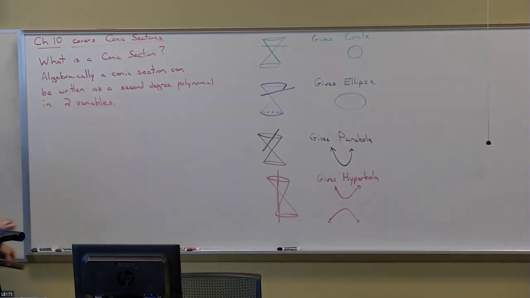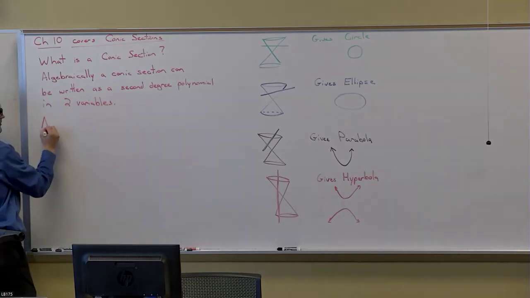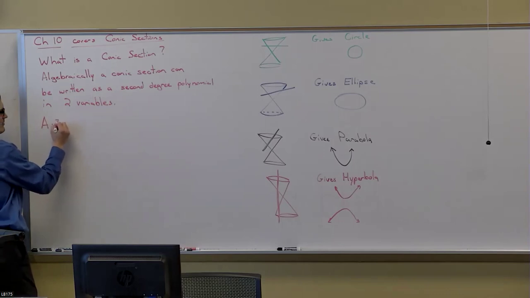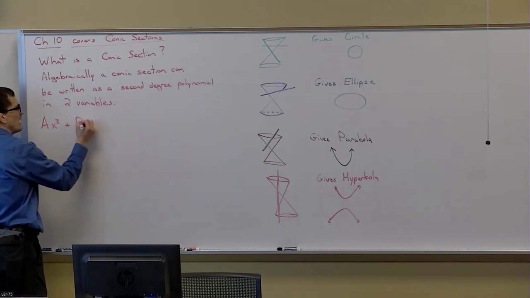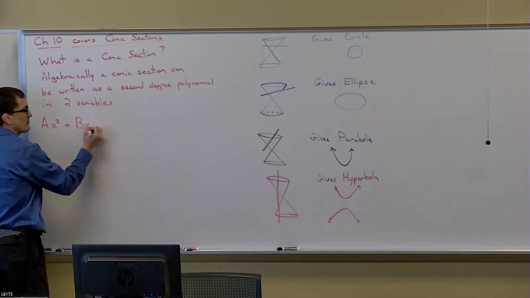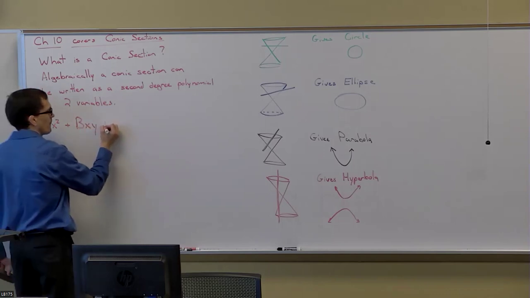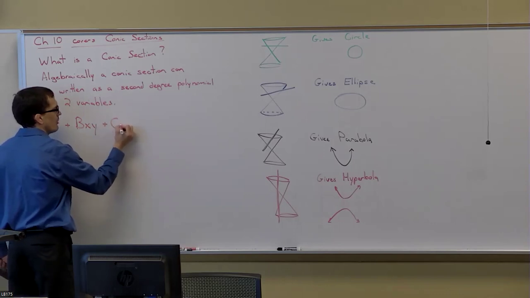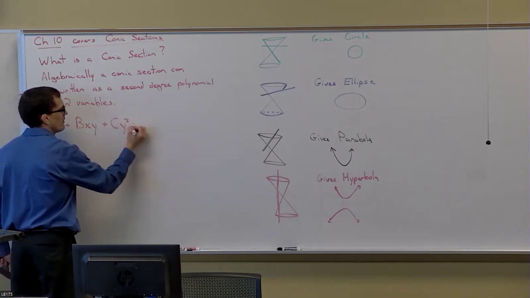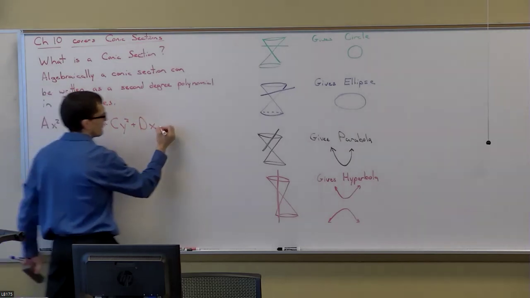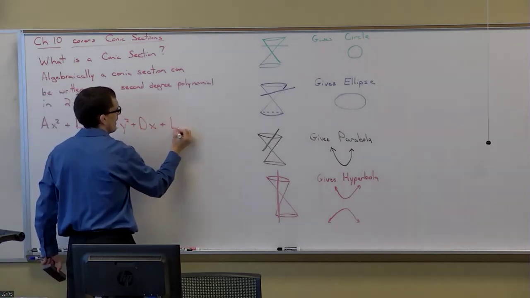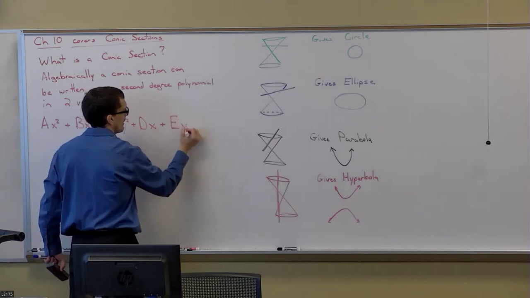So second degree, so you can have an x squared. You can have the x being multiplied by the y. You can have a y squared. You can have an x. You can have a y.